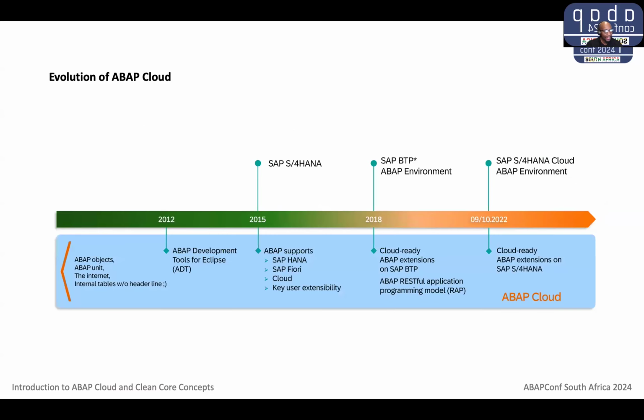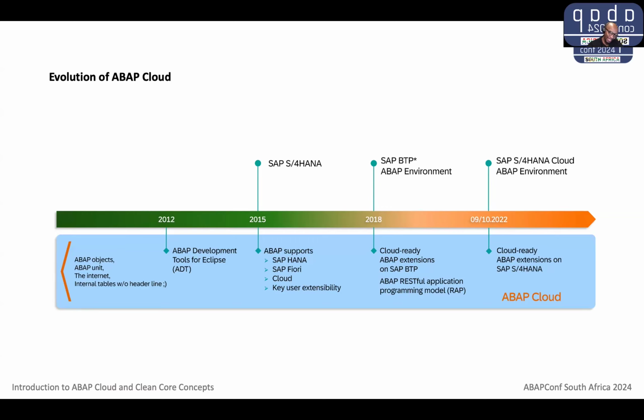This just covers the evolution of ABAP Cloud, where we started from an ABAP point of view. Prior to 2012, it was business as usual on the classic ABAP side, where we were just creating ABAP objects and using SE80 and SE24. Then in 2012, ADT came into the picture, and we just saw a nice presentation from Thomas around ADT.